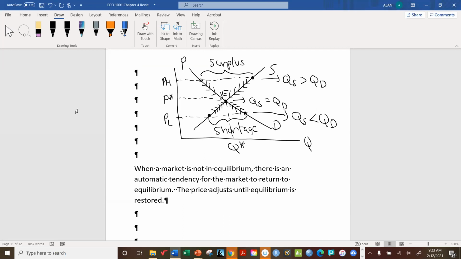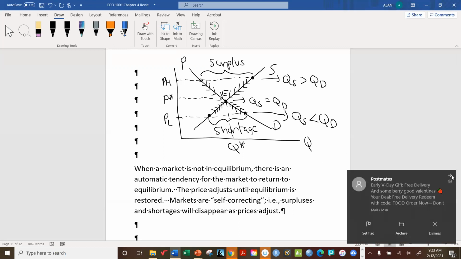The consumers are just reacting to the prices that they see. Because of this, we say that markets are self-correcting. You may hear this term, in other words, surpluses and shortages will disappear as prices adjust.